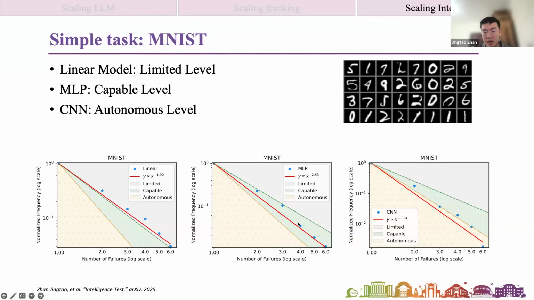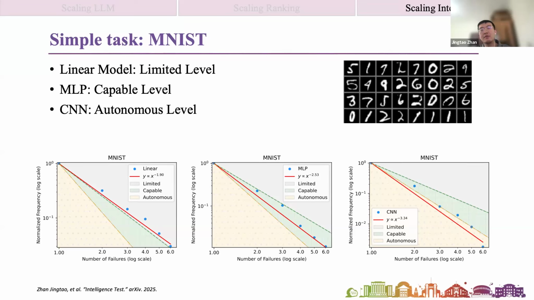On the contrary, for the green region, we have the MLP model. It falls along this green region, which shows that the MLP model achieves the capable level of intelligence. And for the CNN model, the points approach or fall within the autonomous region, so it belongs to the autonomous level.